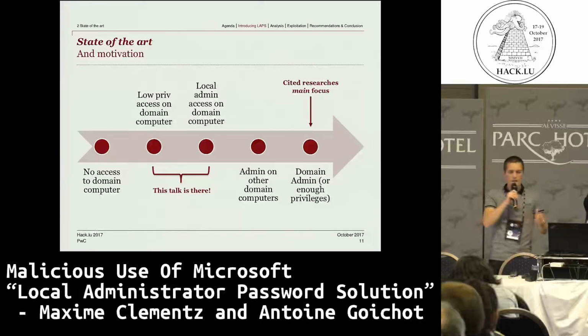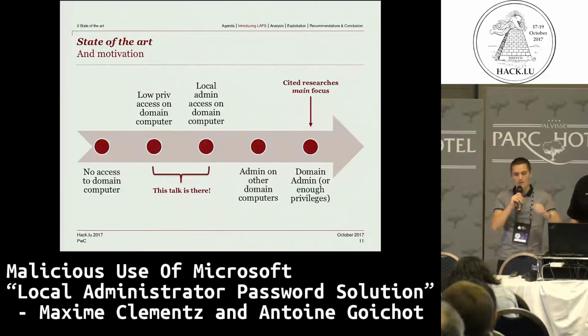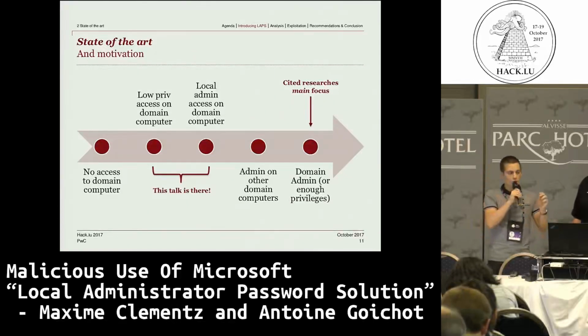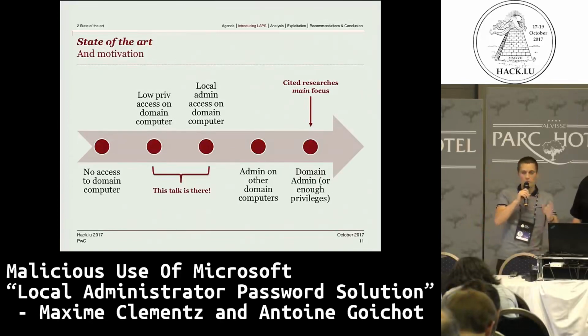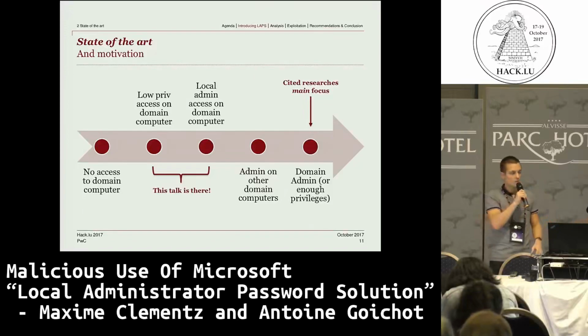As I said, the other research that we cite, their main focus, it's not their only focus, but their main focus is what happens when something is wrong with the privileges, with some ACLs and so on. But for today, we are going to focus on one specific workstation that could be or may be corrupted.